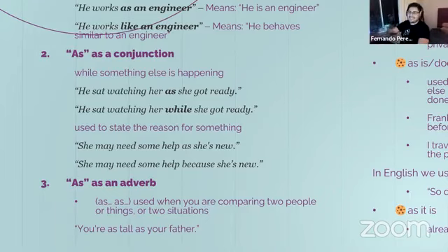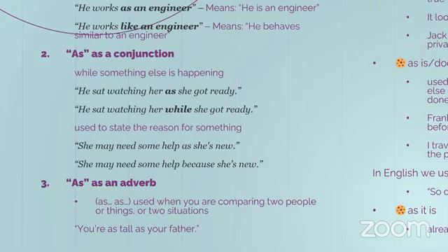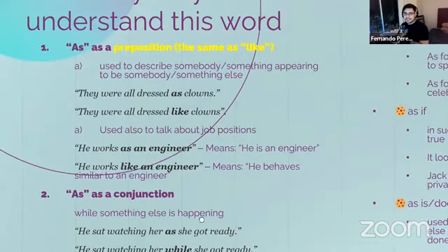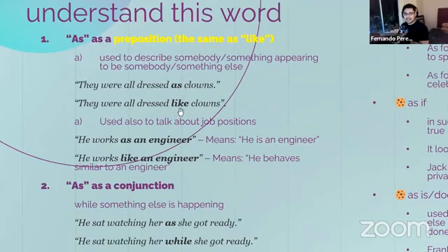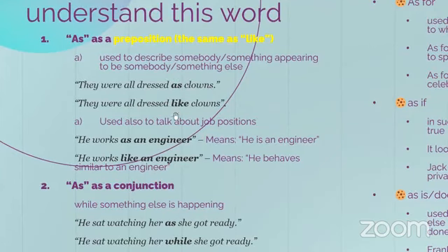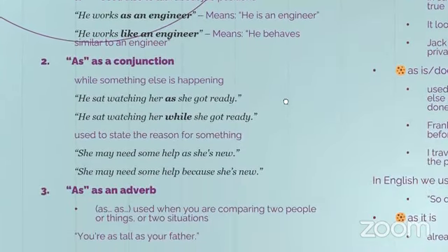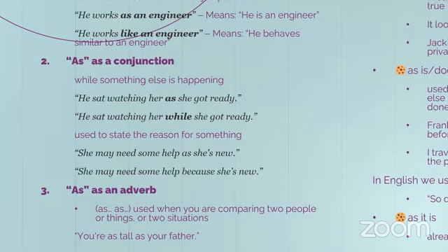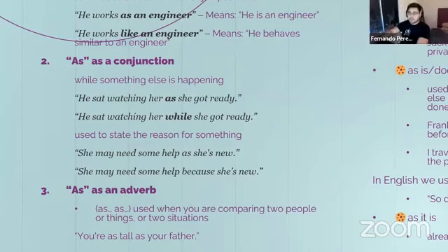Exactly. It's very, very different from the first examples when as is similar to like. I understood that, and with jobs it's different. But I didn't know the meaning of similar to while.